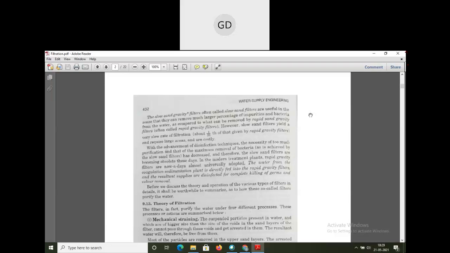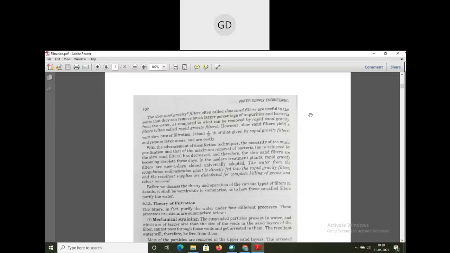And they are also very costly. Nowadays, after the filtration process, you are doing a disinfection treatment also. Since disinfection is there, the workload on the filters has become a little less, because too much purification, or maximum removal of bacteria in the filtration part, is not necessary since the disinfection process is again there after filtration.